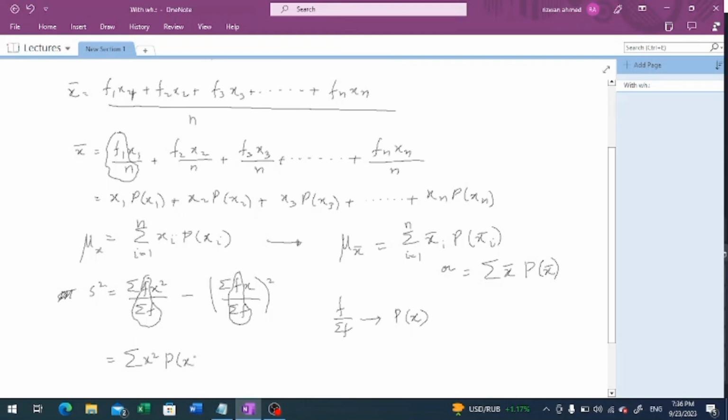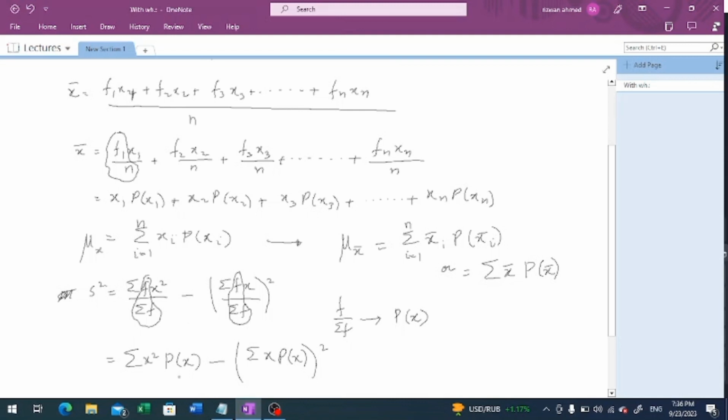So it is summation x squared times p of x minus the whole square of summation x times p of x. Again, the left hand side of the formula, since it was given as the formula for sample variance, s square was written and the right hand side was structured in frequency terms.